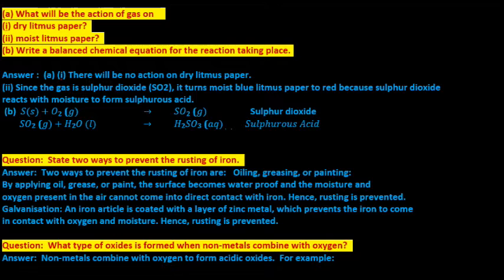Hence, rusting is prevented. In galvanization, an iron article is coated with a layer of zinc metal which prevents the iron from coming in contact with oxygen or moisture. Hence, rusting is prevented.